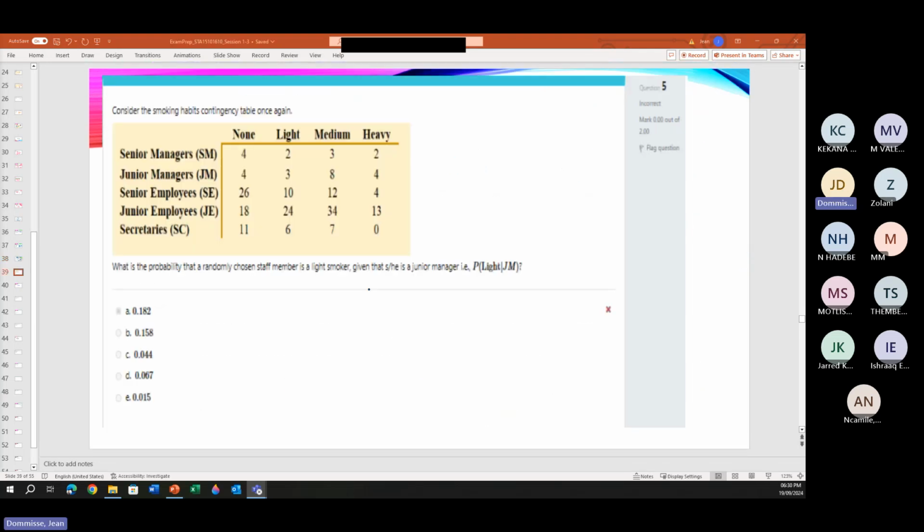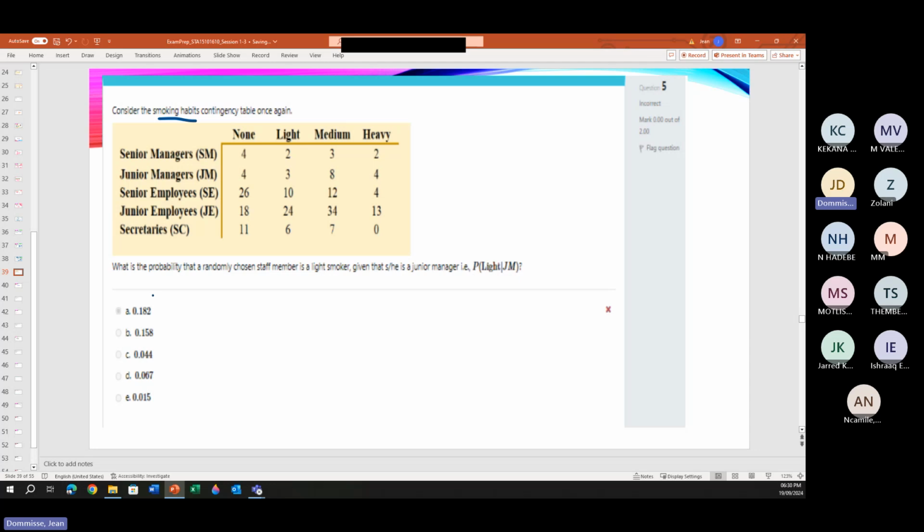Okay, so let's look at another one. Again, this was from a previous assignment. Consider the smoking habits table.